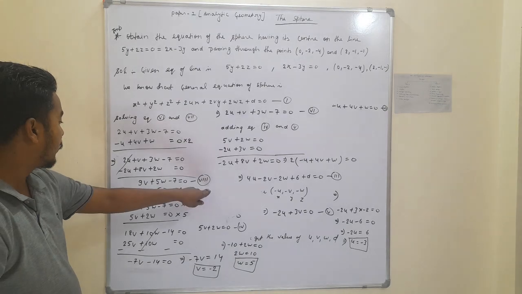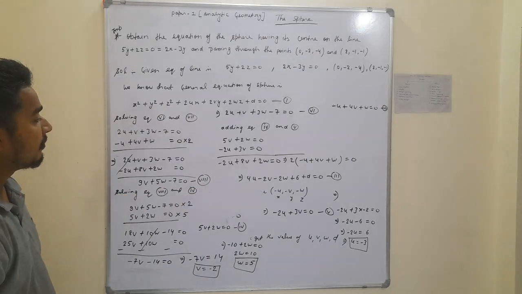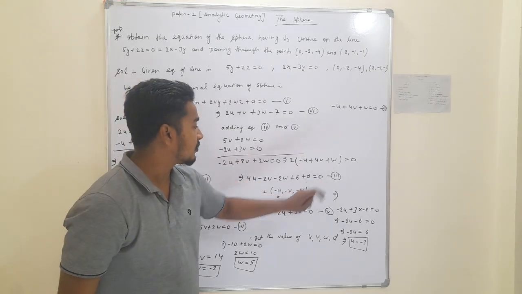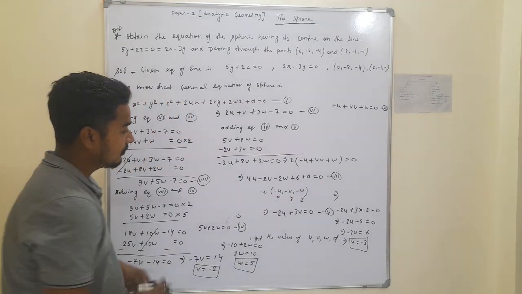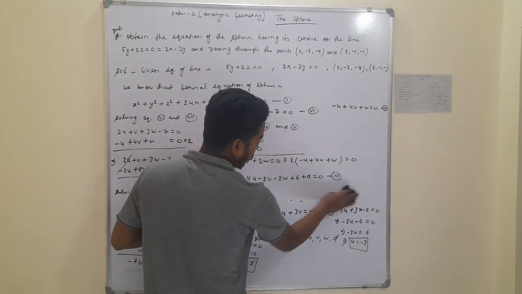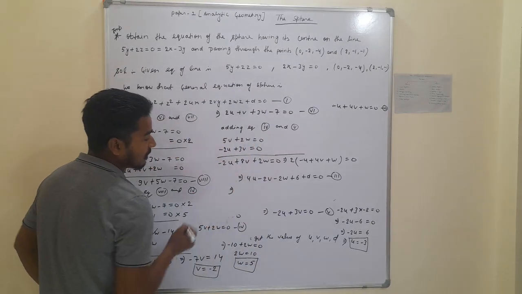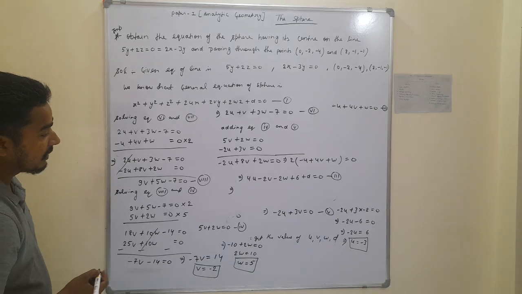Otherwise, we can also find the value of d. So we have to put the value of u, v, w in equation 3rd. Putting the values of u, v and w in equation 3rd, we get the value of d here.